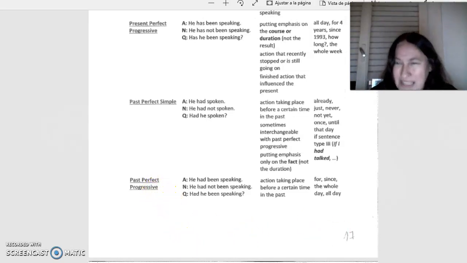You need a special kind of verb, because certain verbs easily go together with a progressive. Verbs such as wait, okay? She said she had been waiting for 3 hours, all right?